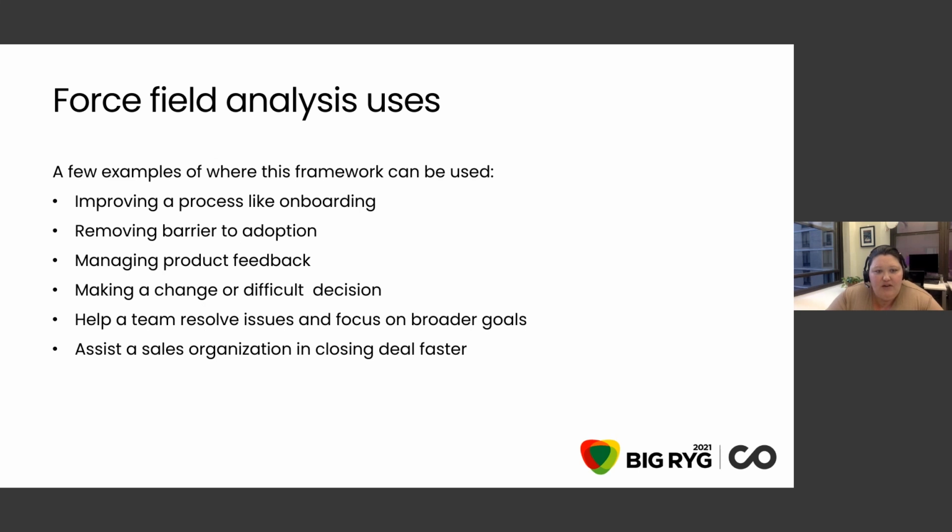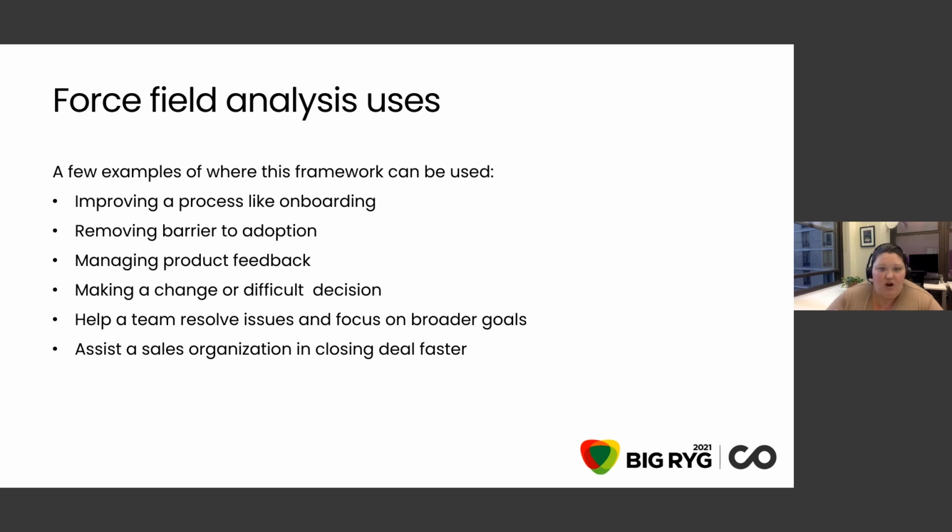This is also a really interesting framework for managing product feedback. Obviously in customer success, we get product feedback all the time from our customers. And instead of just submitting that into the black box of the product team and waiting to see what they prioritize, you can actually think about this through the lens of what's important to the business.